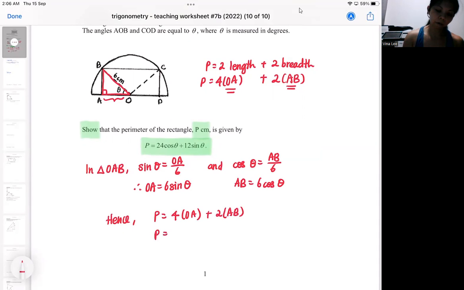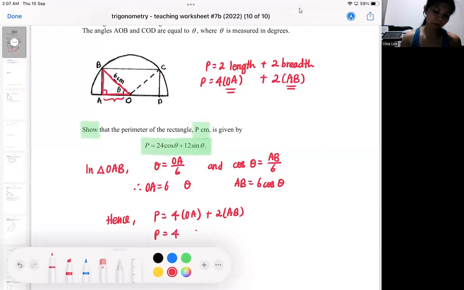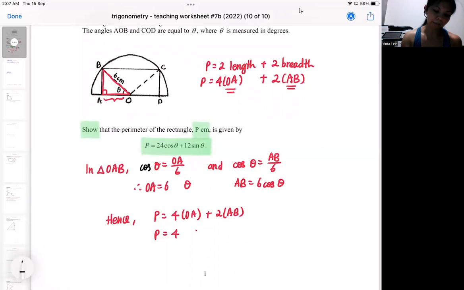my parameter is made up of 4OA. I think I made a careless mistake. OA over 6 should be a cosine. Okay, I made a careless mistake. OA over 6 should be a cosine.